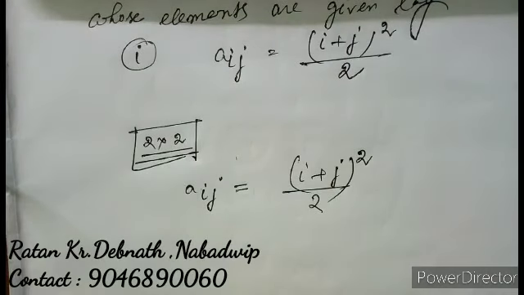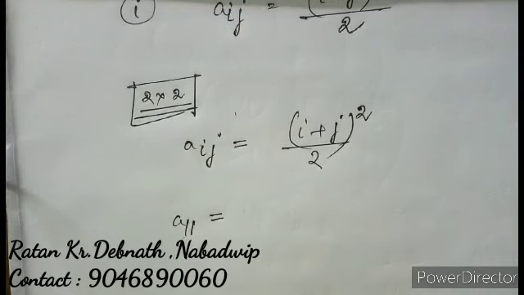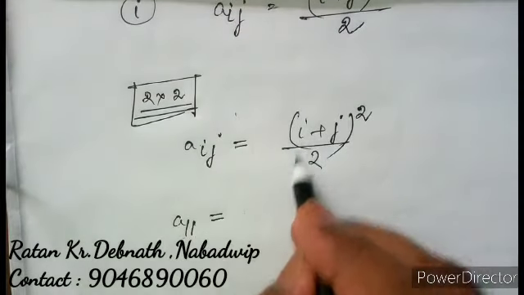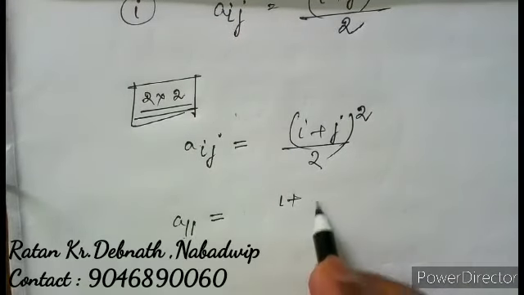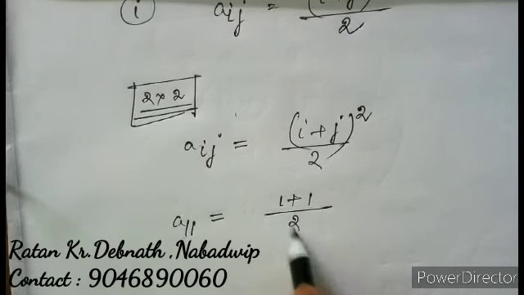We have to find 4 terms, that is A11. A11 means first element of the first row and first column. Just put in place of I 1 and j 1, whole square.